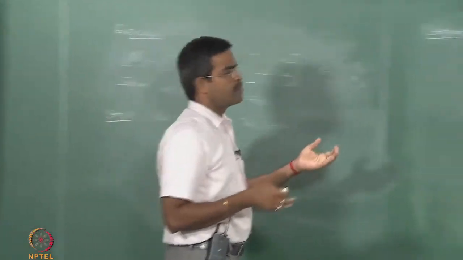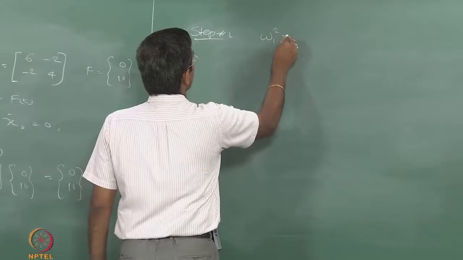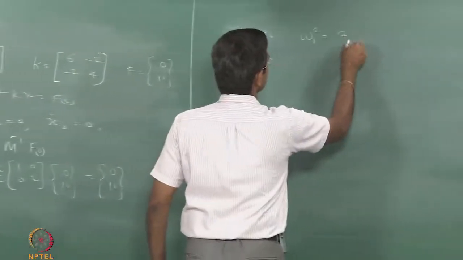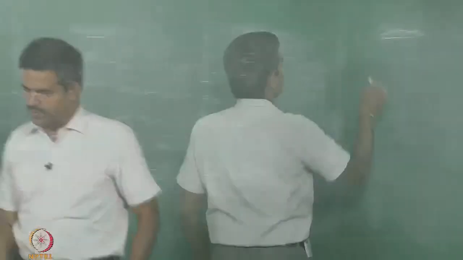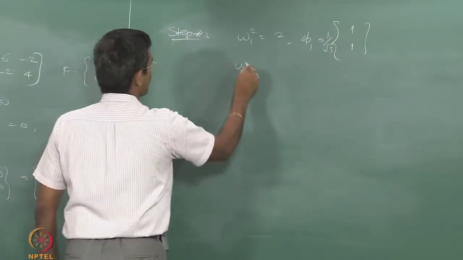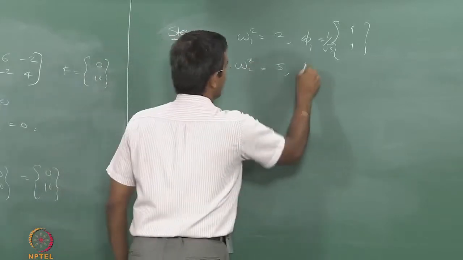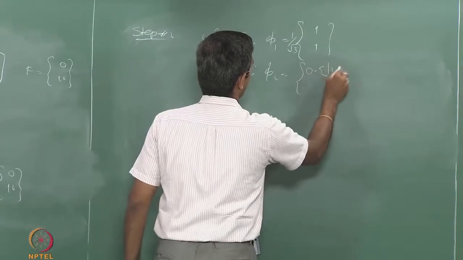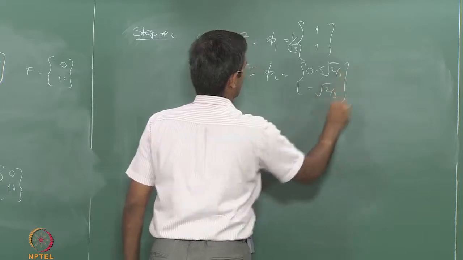So, if you adopt any standard procedure we discussed in the earlier module, I am getting omega 1 square as 2 and phi 1, the first mode shape, 1 by root 3 of 1 and 1, omega 2 square as 5, and the second mode shape 0.5 of 2 by 3 and minus 2 by 3.